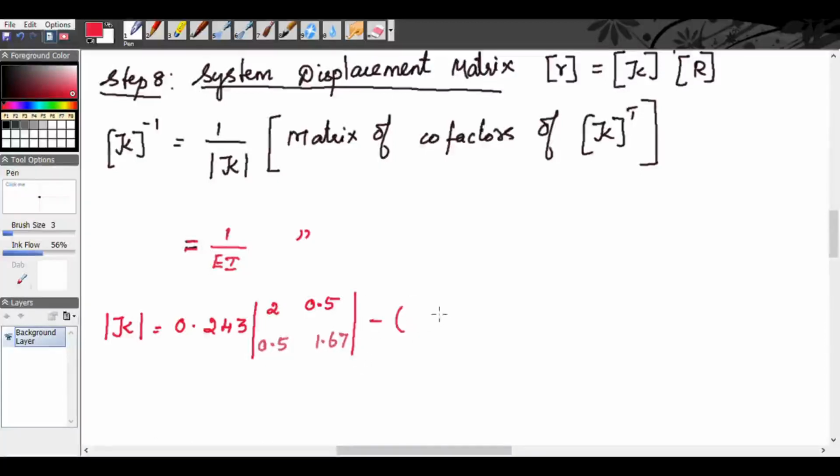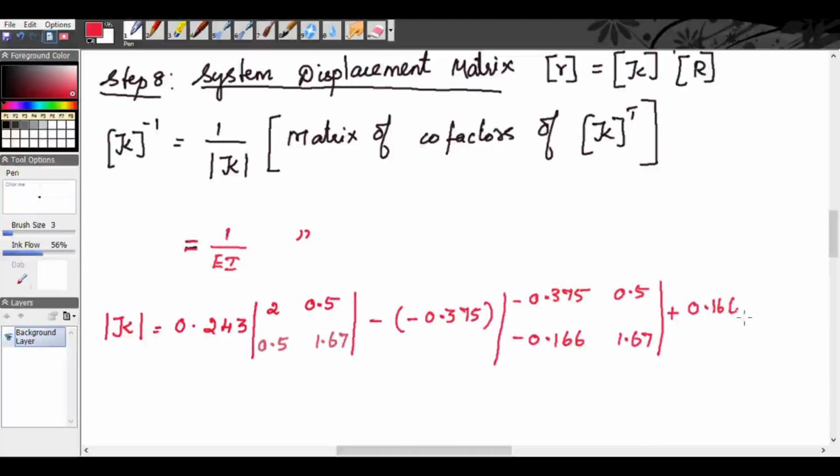minus, the next term is minus 0.375 into determinant of 0.375, 0.5, minus 0.166, 1.67 plus 0.166 into determinant of minus 0.375, 2, minus 0.166, 0.5.